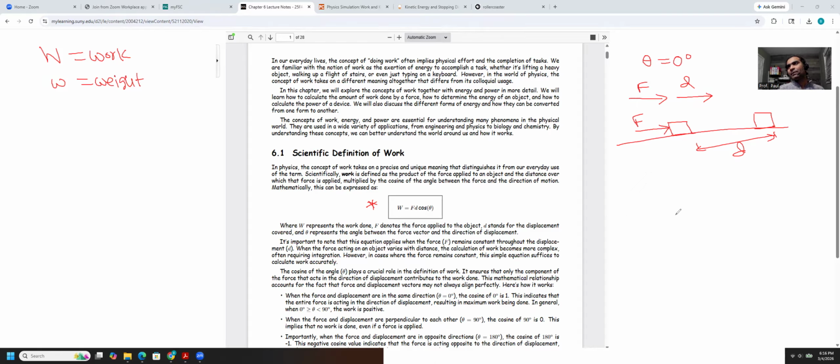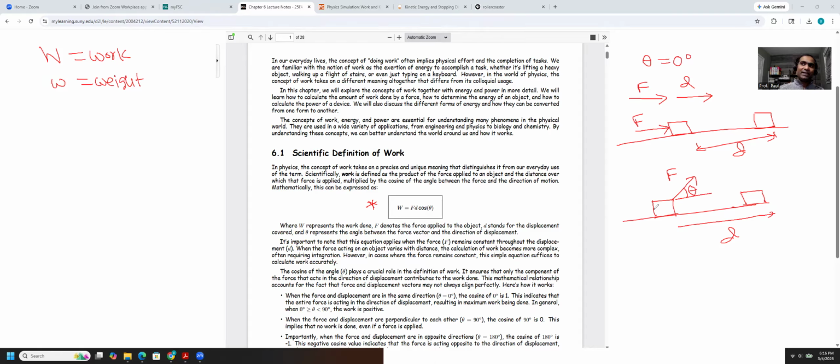But sometimes, let's say we have this object and we apply force in this direction. And because of this force, let's say the object moves to this position. Okay, so the displacement is this, the force is this, and here you see that if we draw a line parallel to the displacement, we get this angle. So the angle between the force and a line parallel to the displacement is theta.